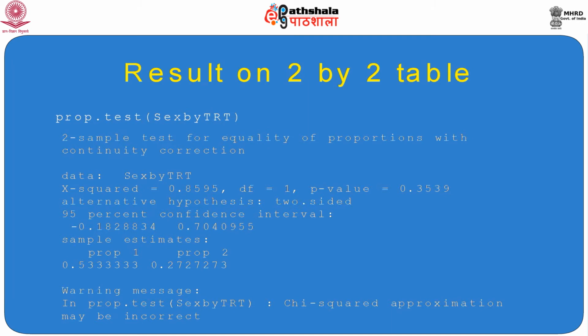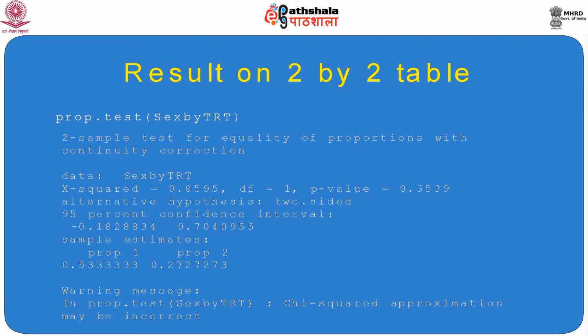It is a two-sided test, and the confidence interval is from minus 0.18 to plus 0.70, and the proportion for the first sample is 0.53 and the second sample is 0.27.